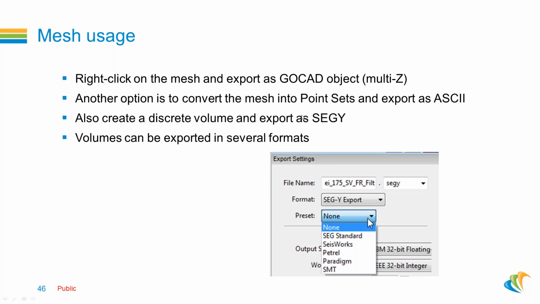This volume will contain one constant value inside the salt body, and another value outside. It can be 0, 1. And then if you want to export this CY file to other software, we can do it in different formats. As you can see, a short visualization that we have for the exporting format: we can do CY, Seismic Data, Paradigm, SMT.